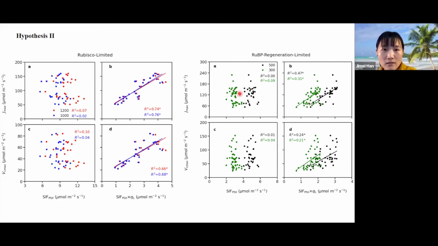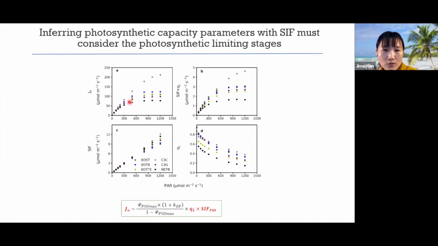That suggests that when SIF times QL is used to infer Vcmax and Gmax, we need a priori information of which carbon oxidation limitation status SIF is under. Here we can use the response of actual electron transport rate to light intensity to identify the limitation status.